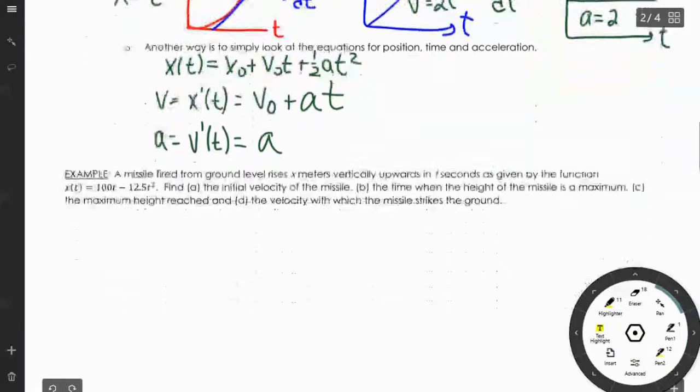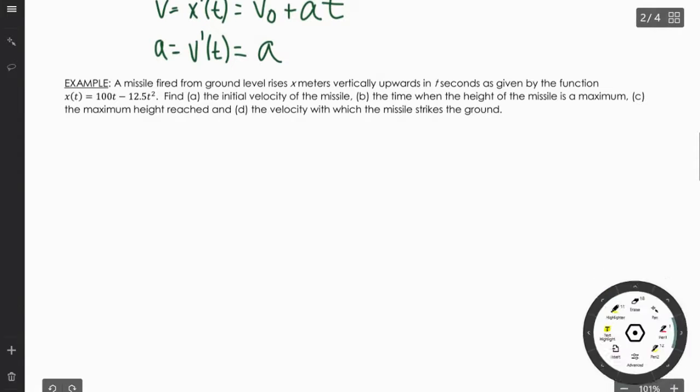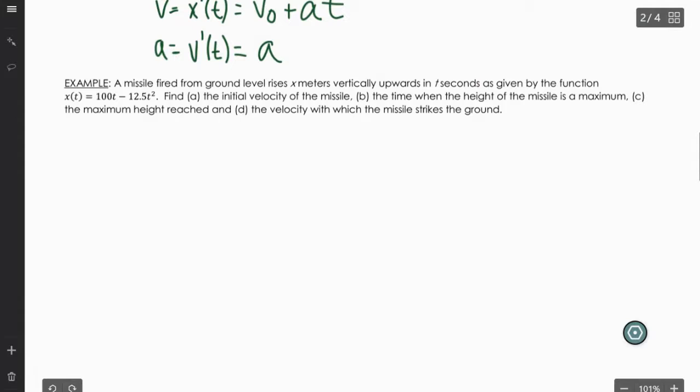Okay? So now here's how that would work for a problem. In fact, when you do these in math class, in calculus class, they often use word problems that are simply physics problems.